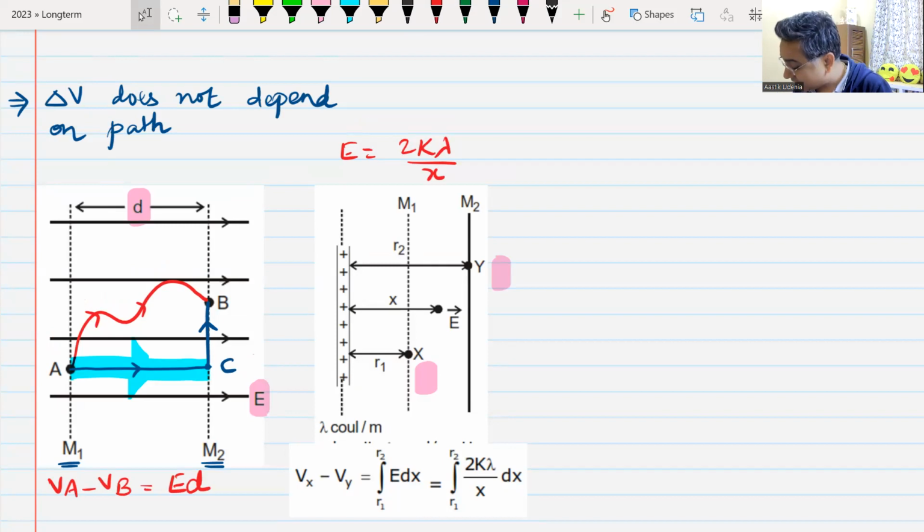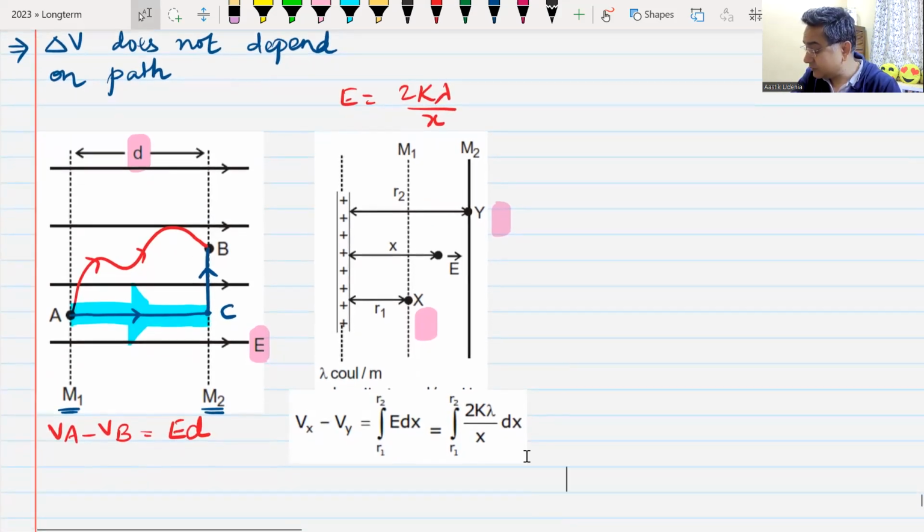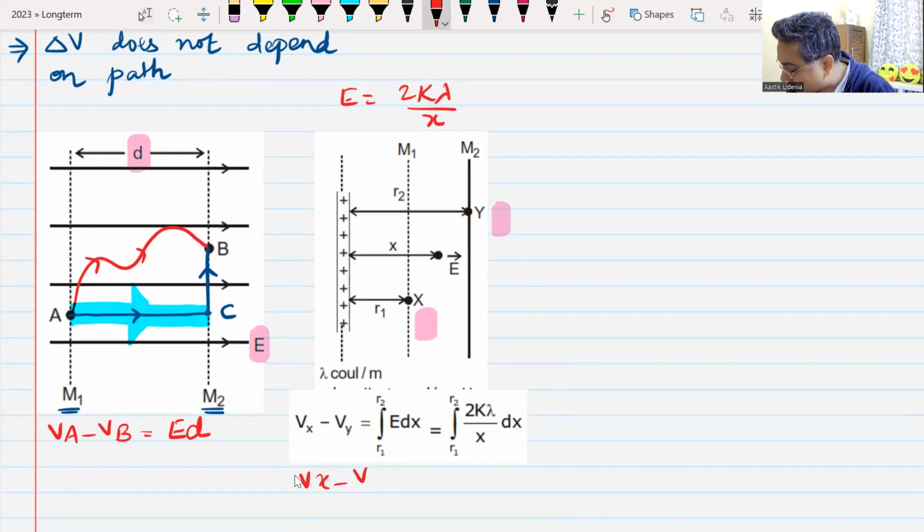The value of Vx minus Vy comes from this integral, and I hope you can solve it. The value of Vx minus Vy will come as 2k lambda natural log of R2 by R1. Yes or no? Yes, sir.